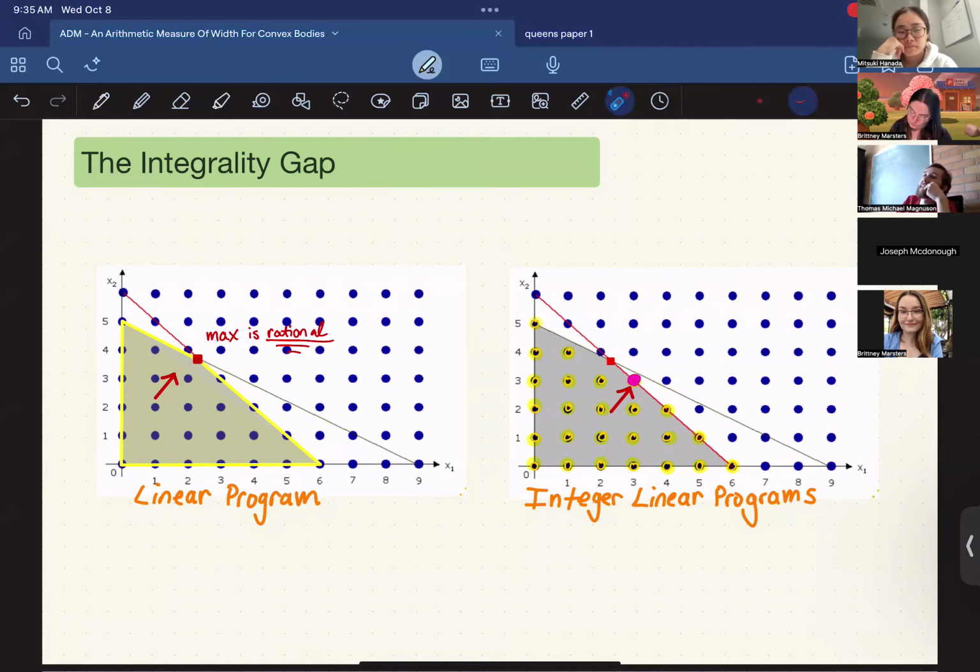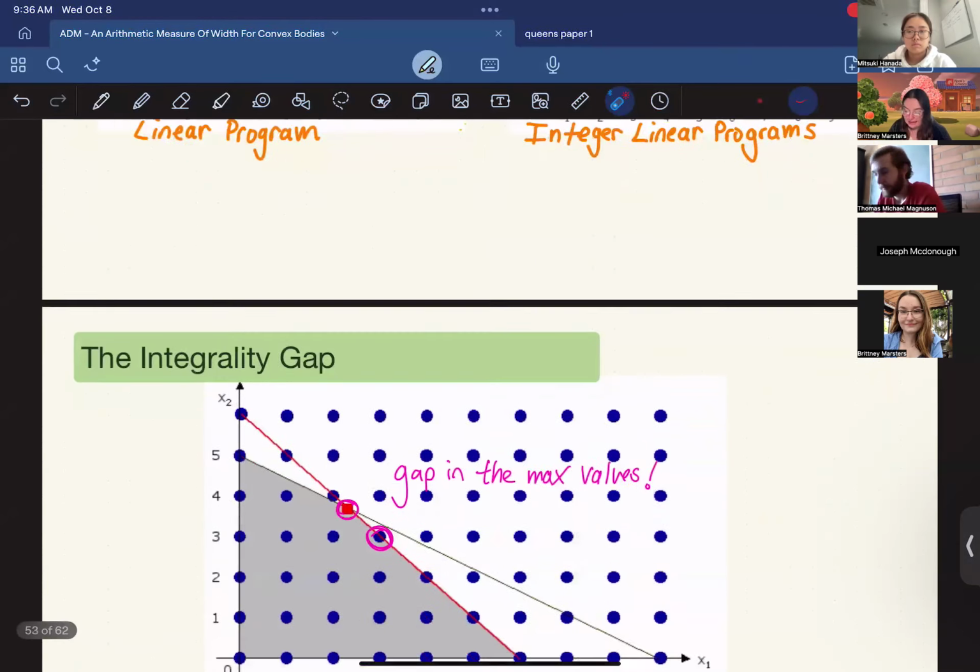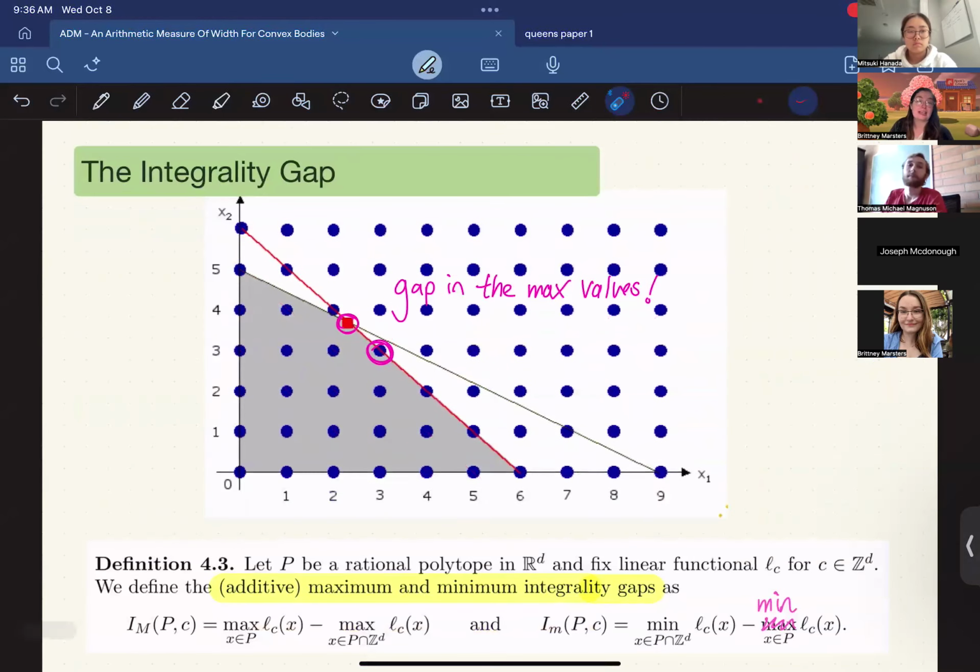And to do that, your feasible region is now just the lattice points in that polytope. So in this case, here would be my maximum. And we'll notice there's sort of a gap between these 2 solutions. And that idea is studied in the integrality gap. And there are a lot of different types of integrality gaps that you're going to find in literature.